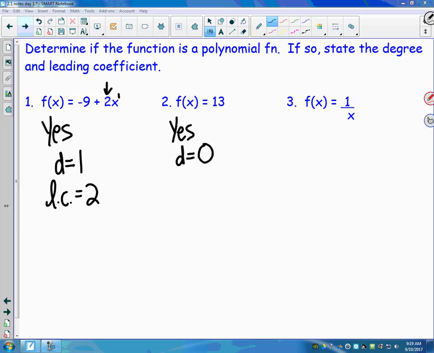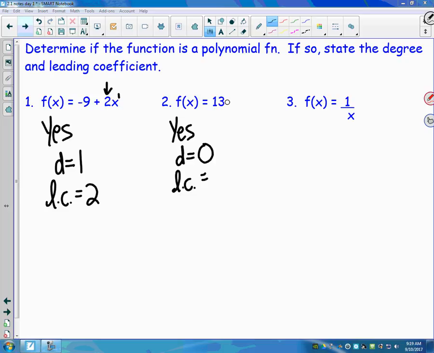The leading coefficient, I want to say the leading coefficient is 13 here. Some people want to say it's 0 because there's no x there.